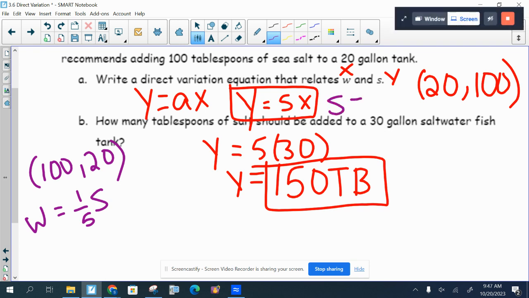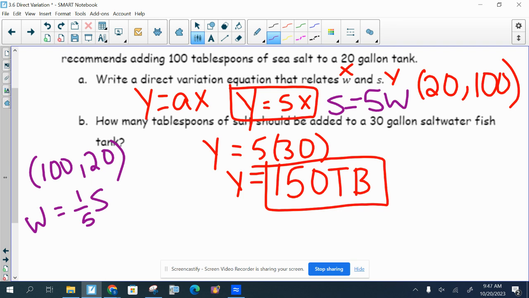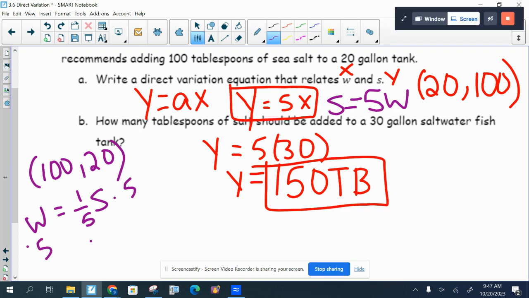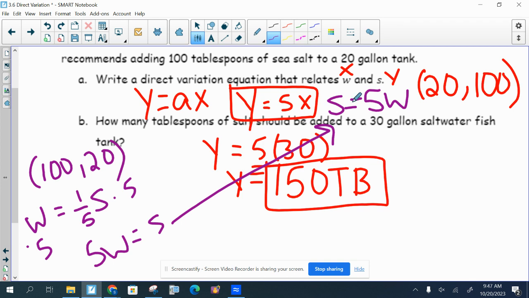So it's s equals 5w. But really these are the same thing because you can multiply a 5 over and get 5w equals s. So that's the same thing as that. So it actually doesn't matter which way you put it in the order. For a word problem at least, it'll end up being the same.